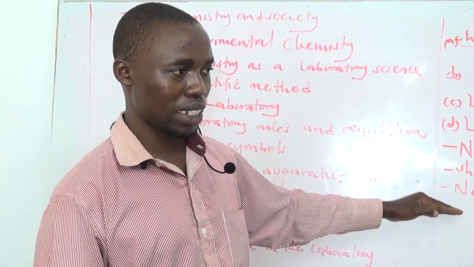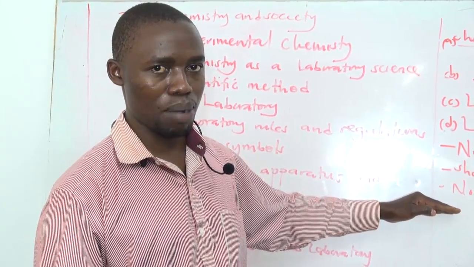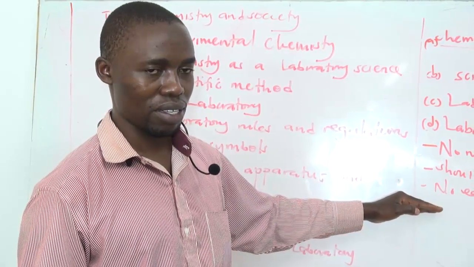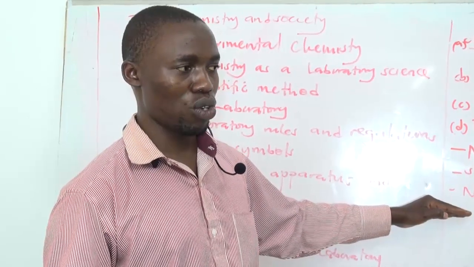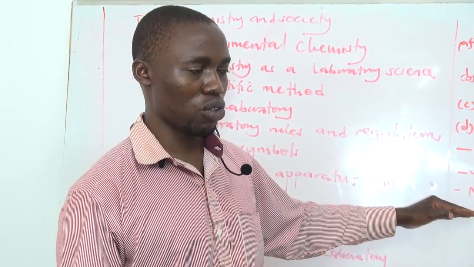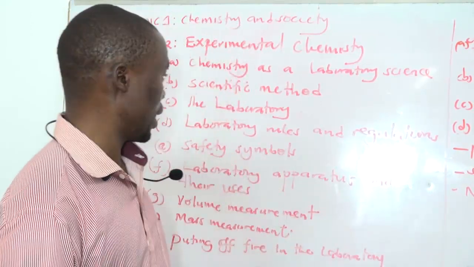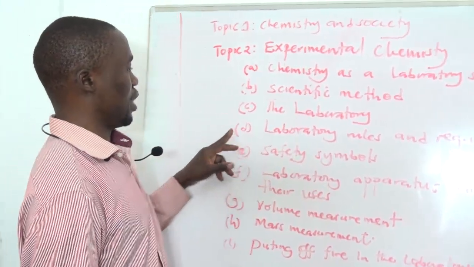Do not touch any unknown chemical in the laboratory. Do not carry out unsupervised experiments in the laboratory. Do not carry out any experiment without being instructed by the teacher. Thank you very, very much. Now, I think that's all.